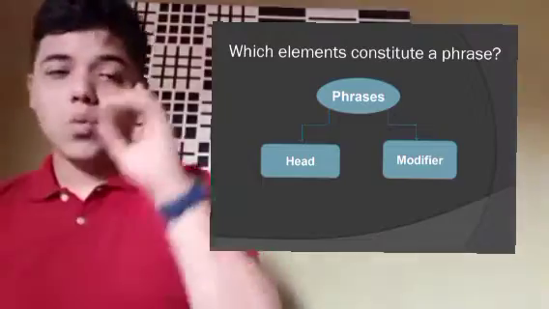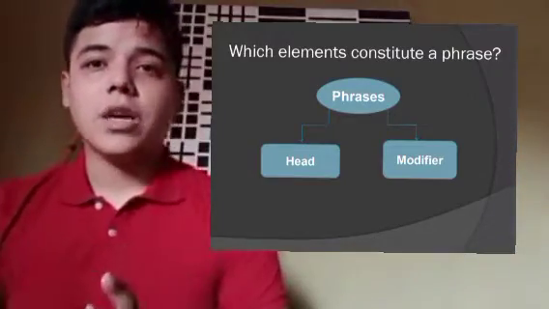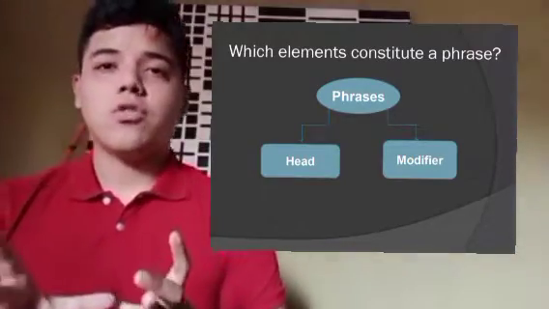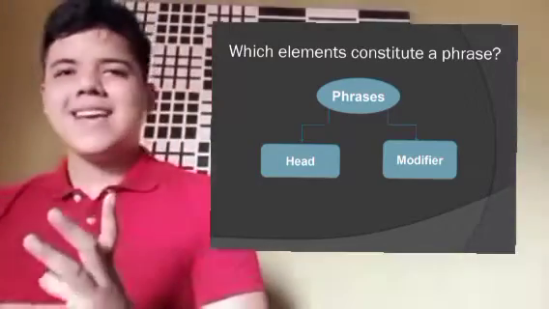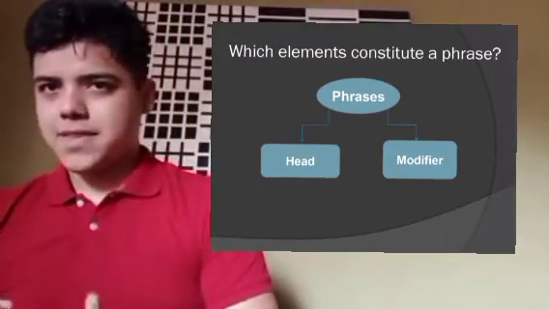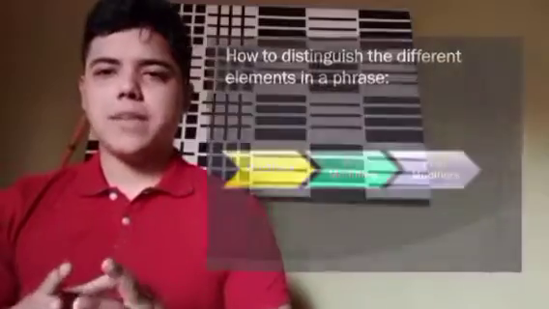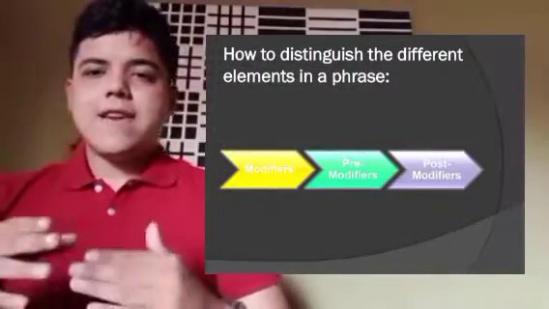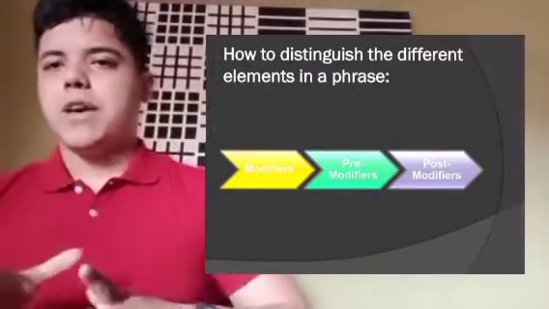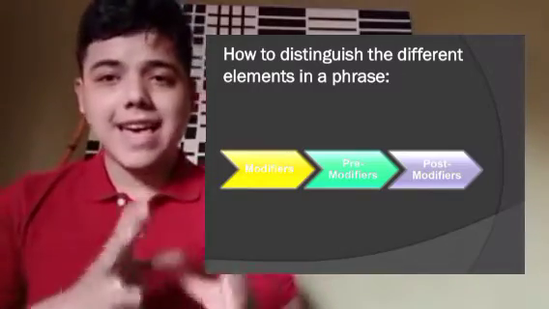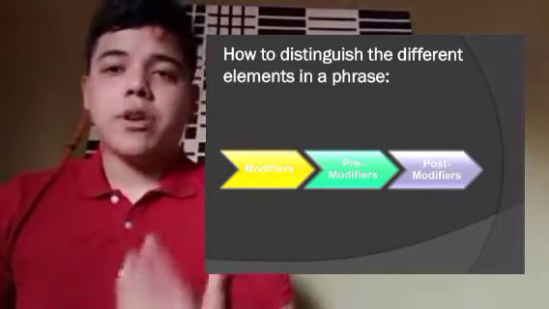So we have the modifiers, which are those who describe the head word or give us more information about it. If we have modifiers before the head, we call them pre-modifiers.